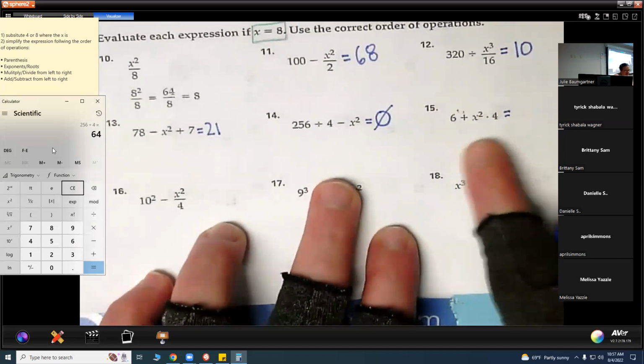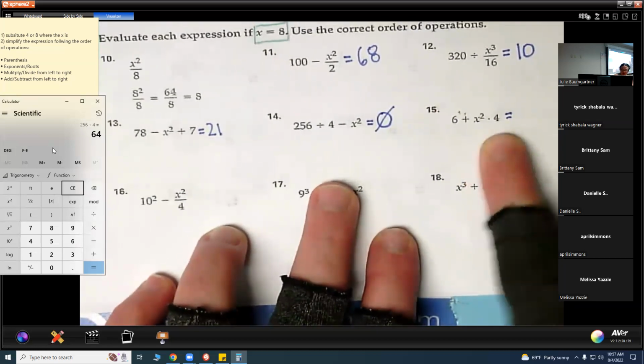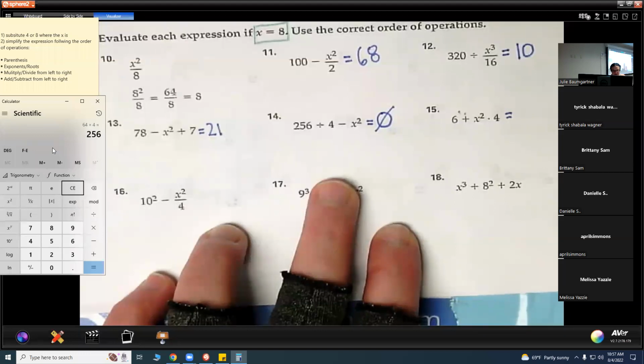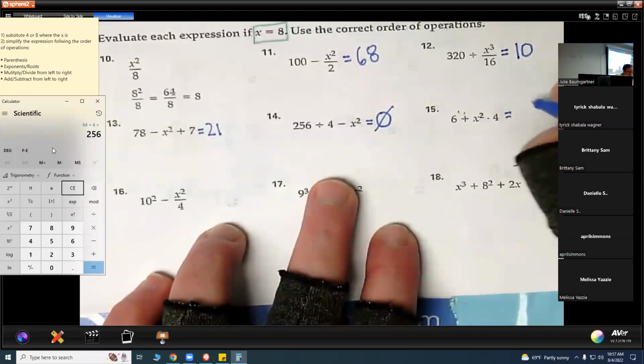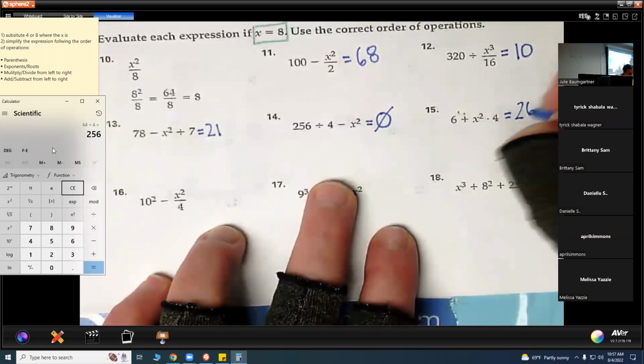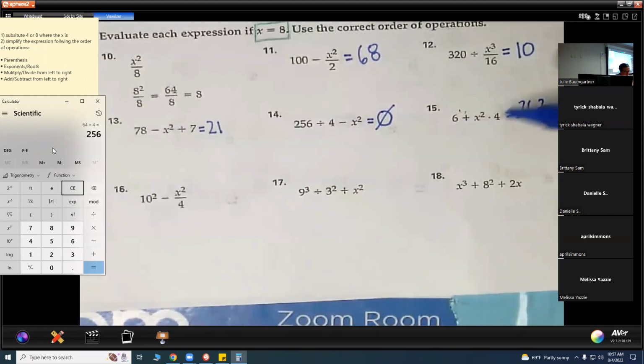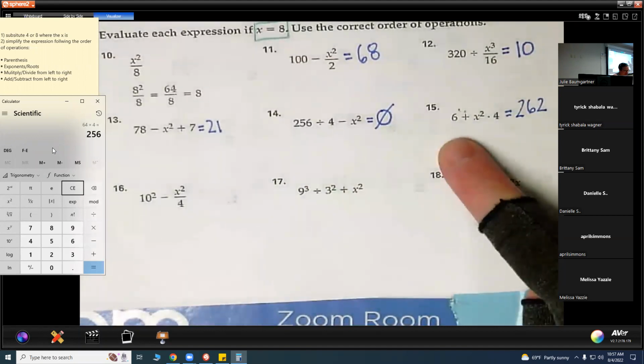All right, here, right, we have to do our multiplying before we do our adding. So 64 times 4. I know we've done this a million times. 256 plus 6 is 262. So 64 times 4 was 256. 256 plus 6.